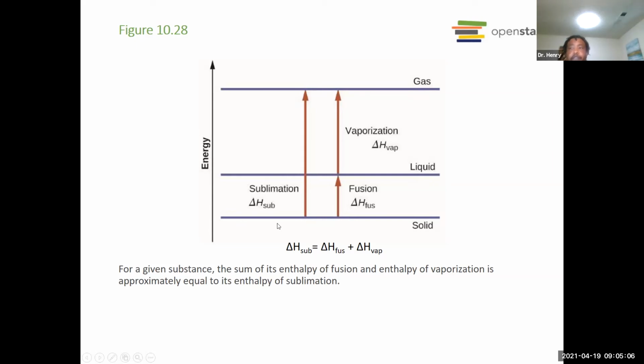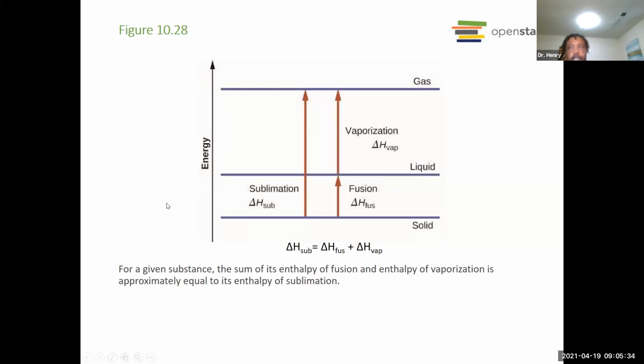So the heat of sublimation is going to be equal to the heat of melting plus the heat of vaporization added together. Do you remember when we were talking about thermochemistry, state functions, where it doesn't matter how you get there, it just matters that you get there?